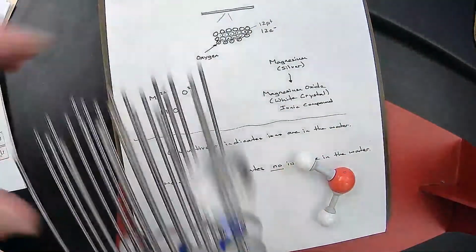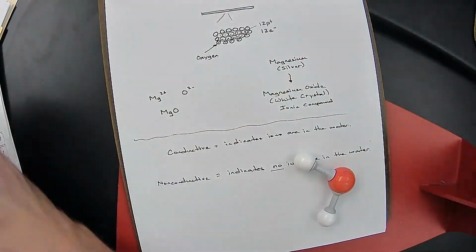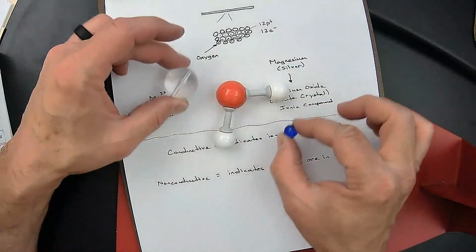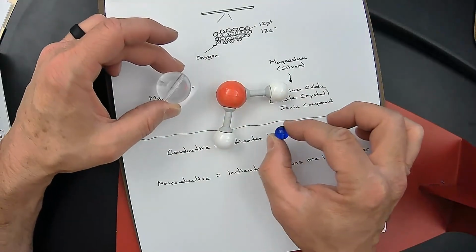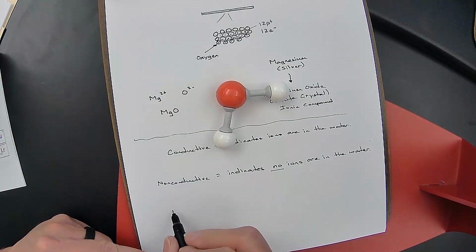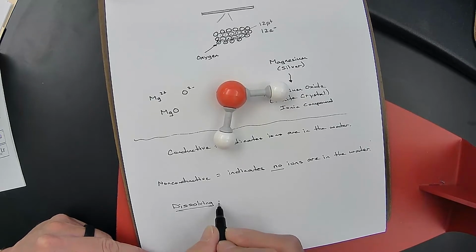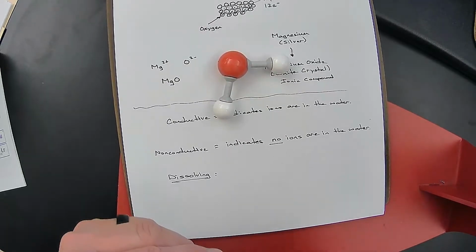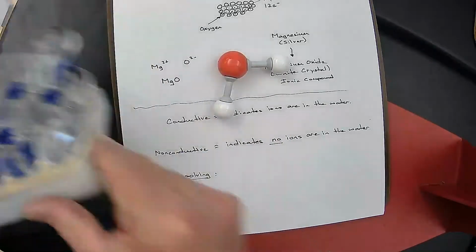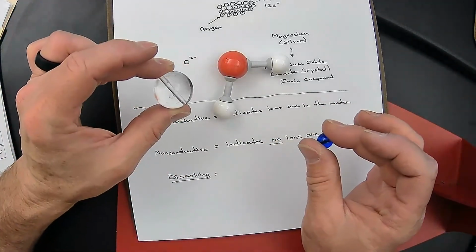So these ions get pulled away from their crystal structure, and they end up floating around individually among the water molecules. That process of pulling apart the ionic crystal structure into its individual ions is called dissolving.